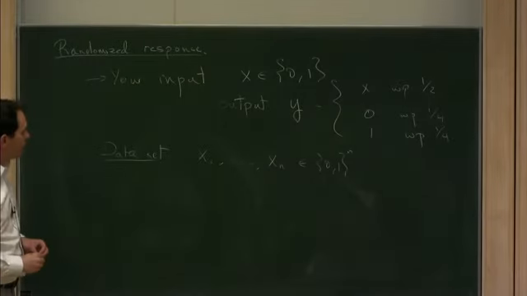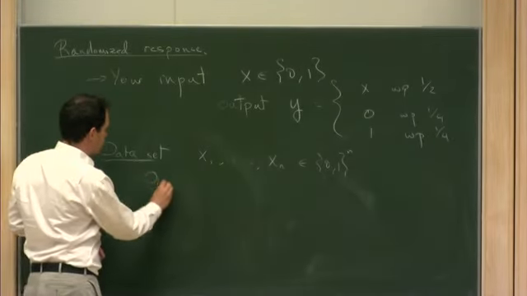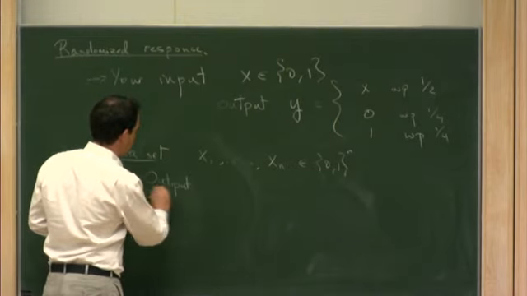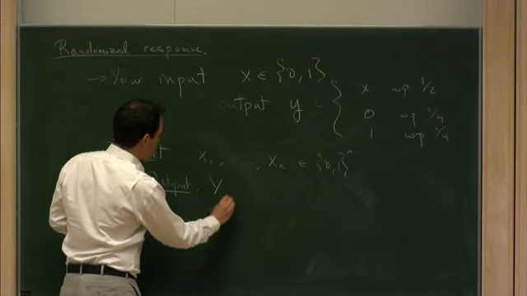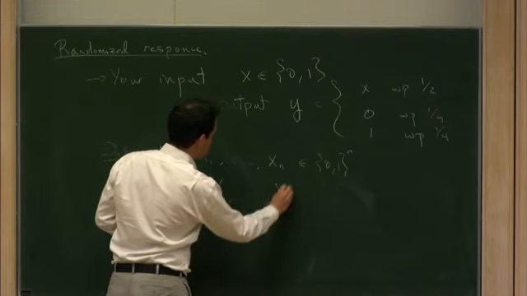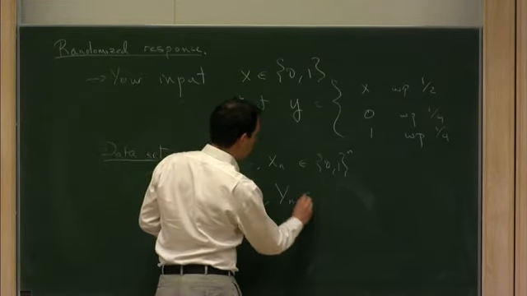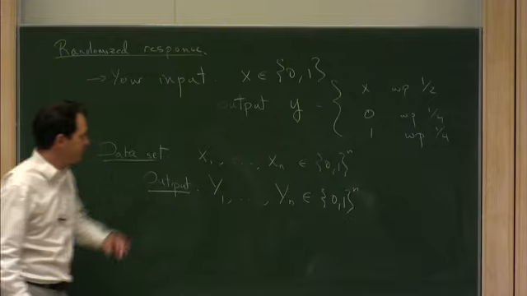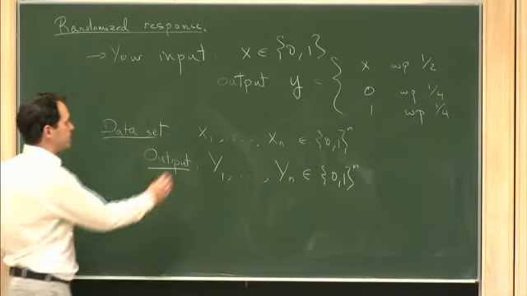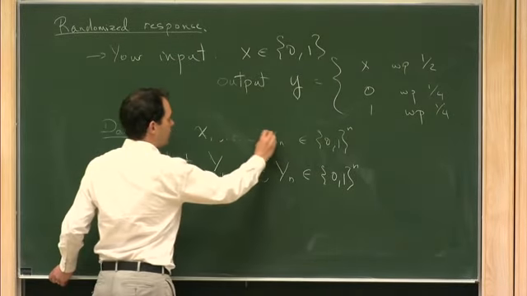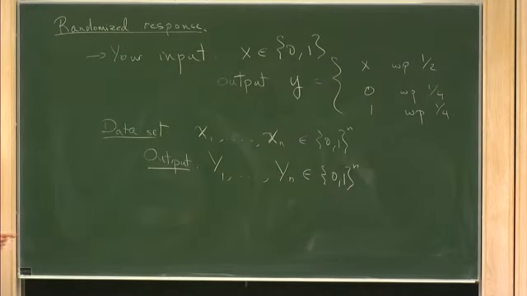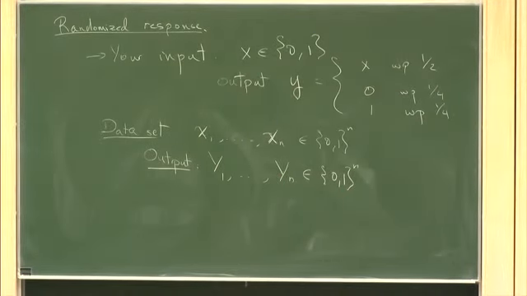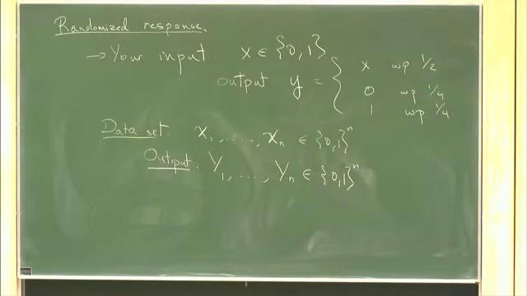And now the output consists of a vector of n random variables. I'll use capital letters to emphasize the fact that even once I fix the honest answers to the questions, the outputs are still random.